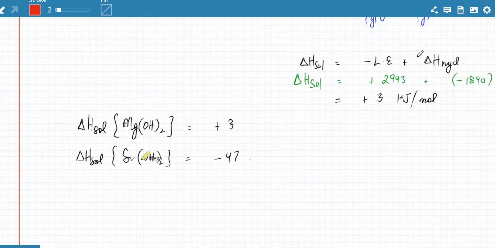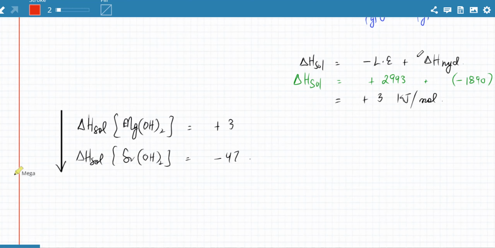What's happening down the group? Is solubility increasing or decreasing? Based on the values of enthalpy of solution, which one is more likely to be soluble? Endothermic or exothermic? What's your answer? That one that's more exothermic.